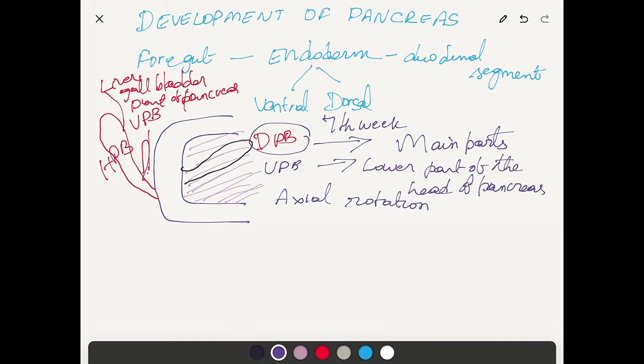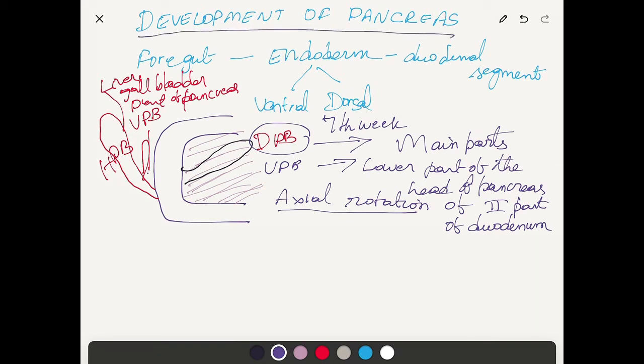In the development of the duodenum, we have seen three phases: rotation, fixation, and axial rotation. In axial rotation only the second part is rotating, so that these two parts, ventral and dorsal pancreatic parts, join to form the pancreas. So this is the development of the pancreas.